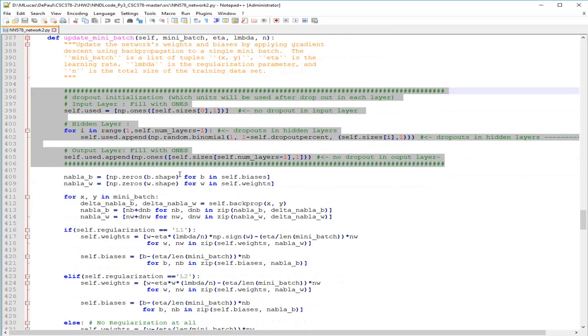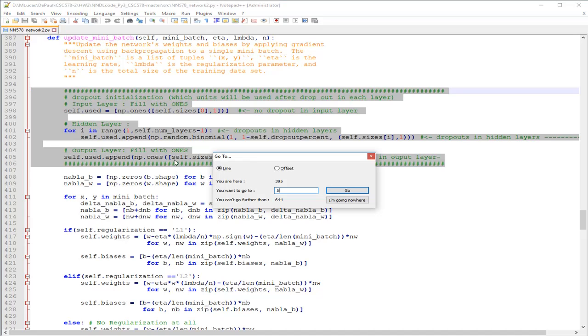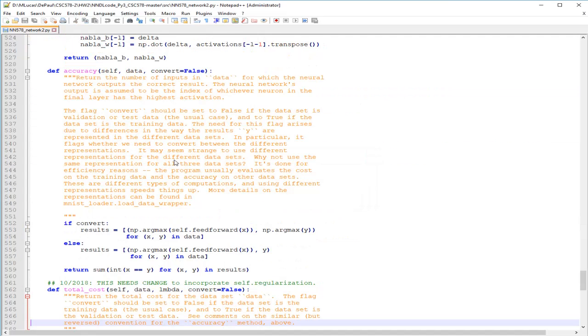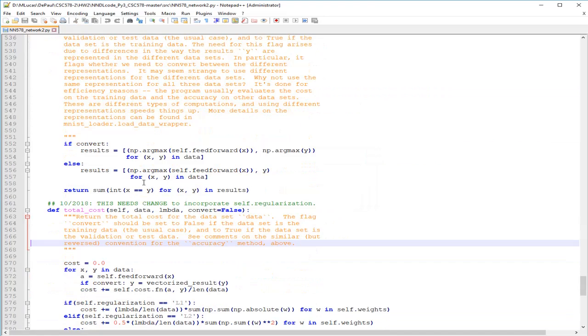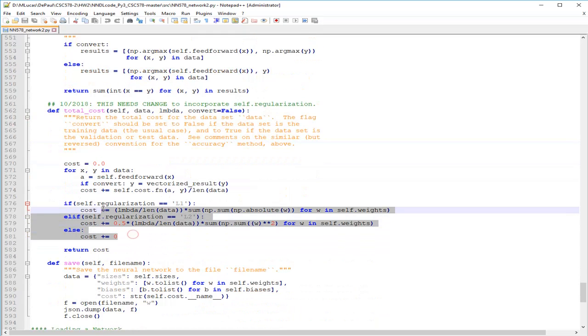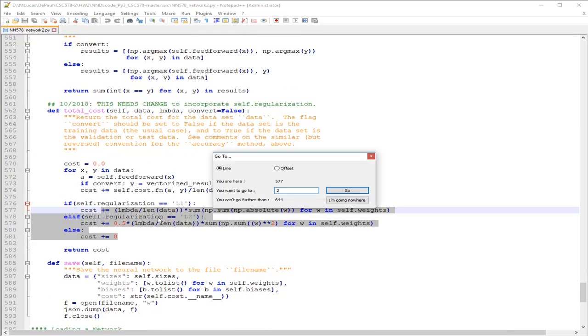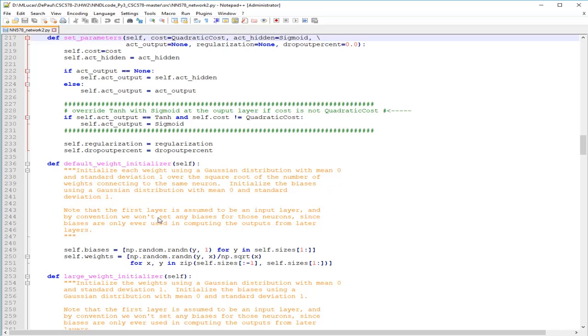We were also asked to modify the total cost, and that was for L1 and L2, and the set parameters. And that was at the time of including the activation functions for input and hidden layers.